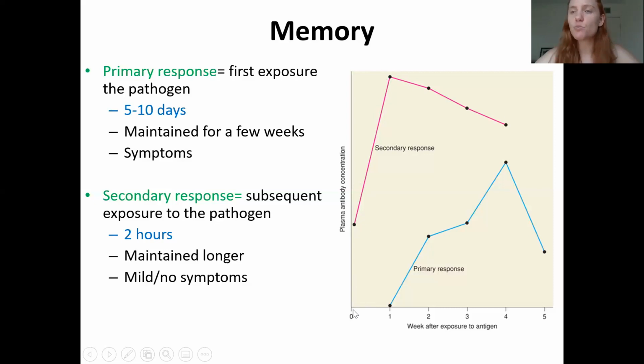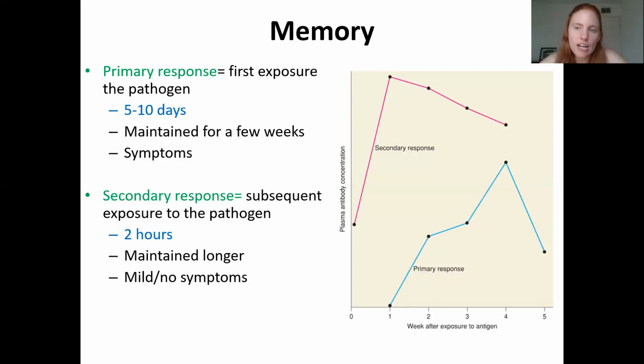Within the first day, your body is already starting to fight it off. Because it's so quick and so big, often you don't even have any symptoms from that second exposure because your body is already primed and ready to get rid of it.